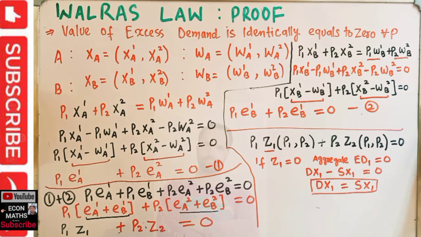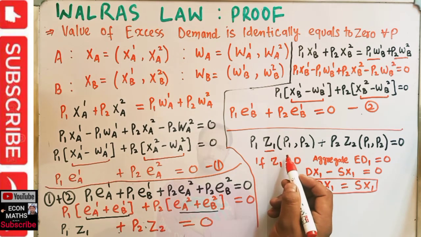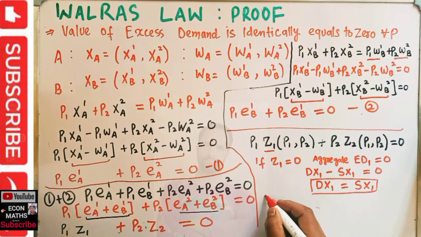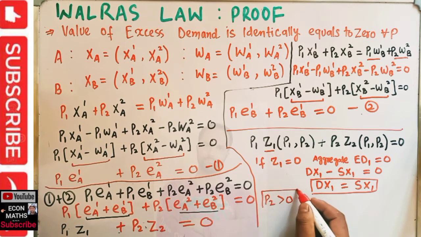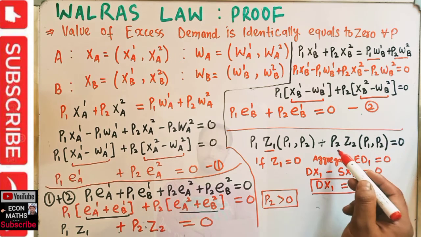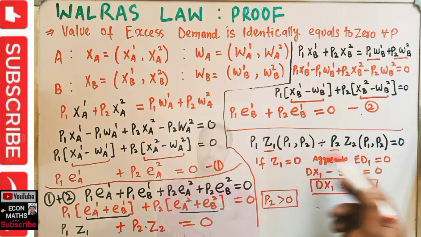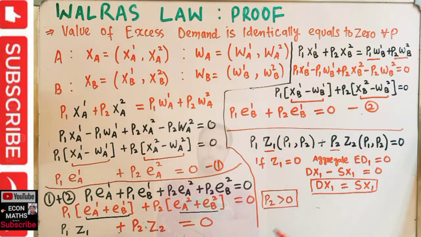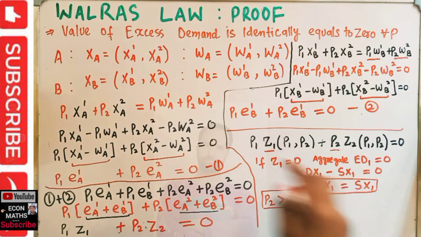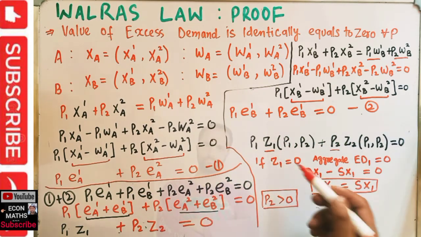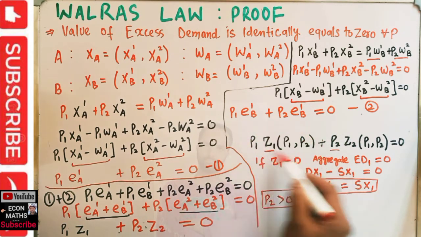Now what about this? We have assumed z1 is equal to 0, and let's assume here the price of good 2 is greater than 0. It cannot be negative, so we don't have negative price at all, and it may happen to be 0, but for the sake of proving this, I am taking it greater than 0. Now if z1 is equal to 0, this whole term becomes 0.